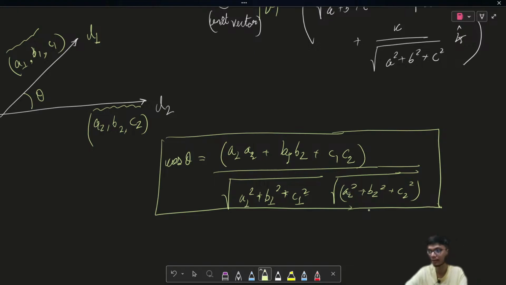Based on this, let's try to solve some questions that have been asked previously in our JEE Mains examination. I will give an example of a question based on this, in order to get an understanding of the type of problems that you can face from this portion.